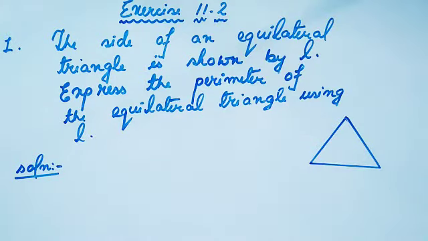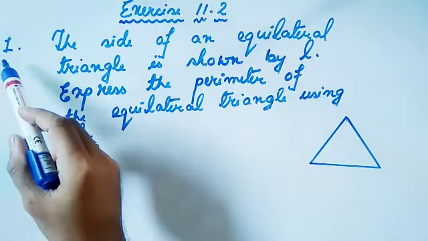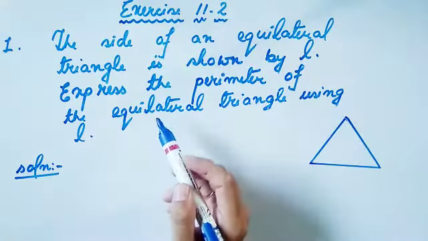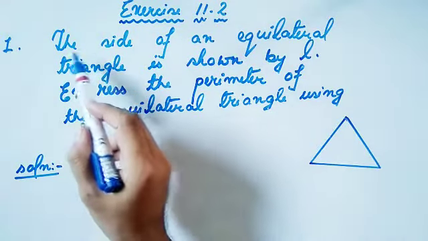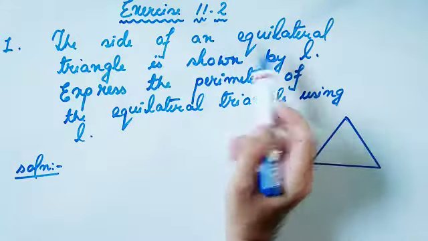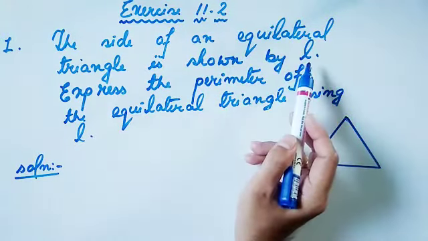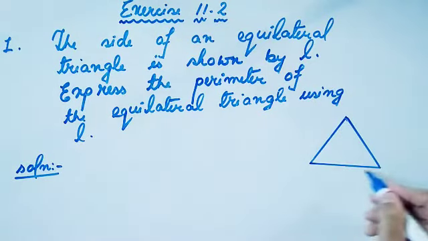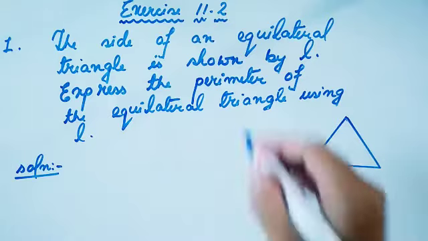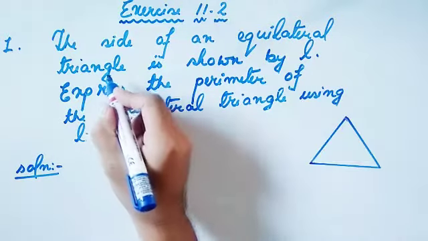So students, let us read our first question for exercise 11.2, and it says the side of an equilateral triangle is shown by L. So here we have an equilateral triangle, right? And do you remember what you mean by equilateral triangle?